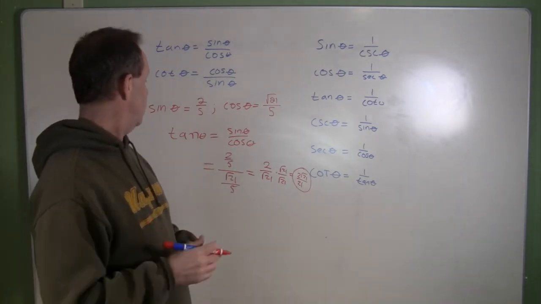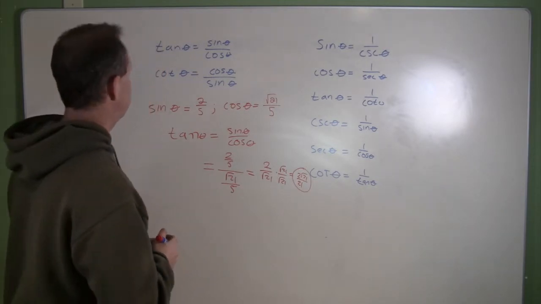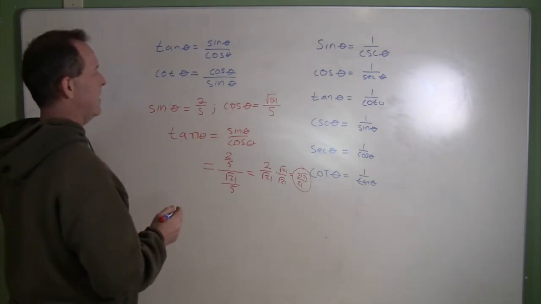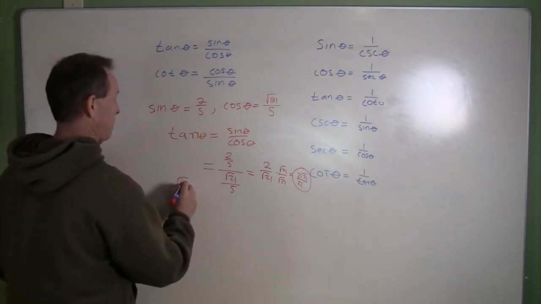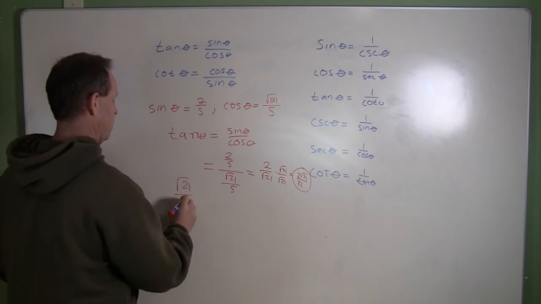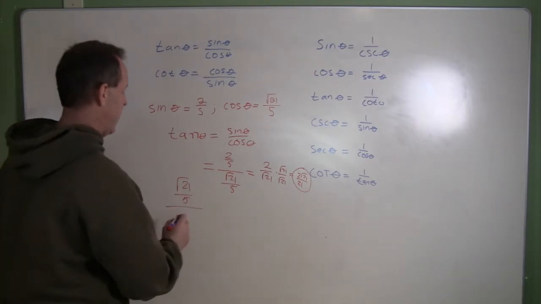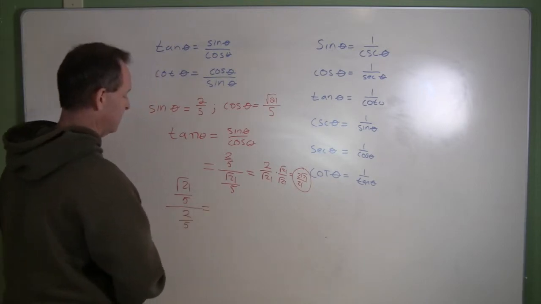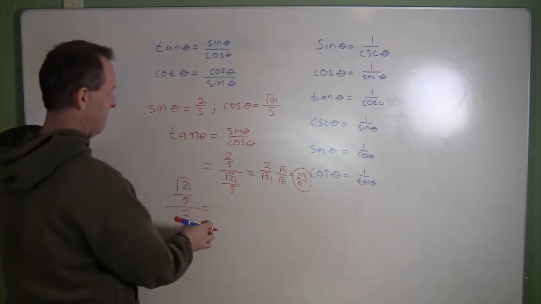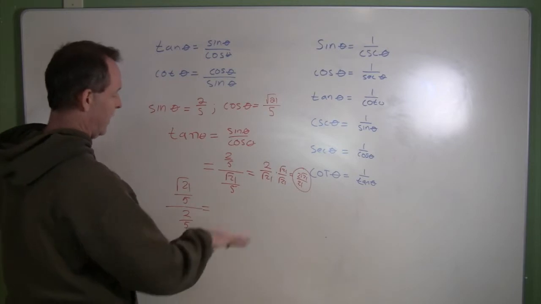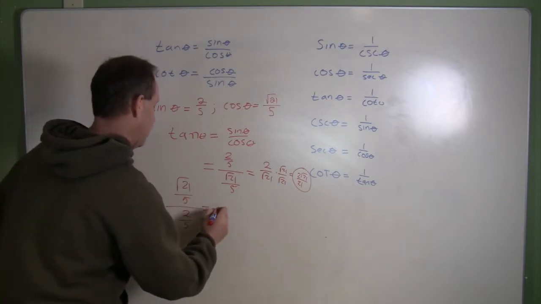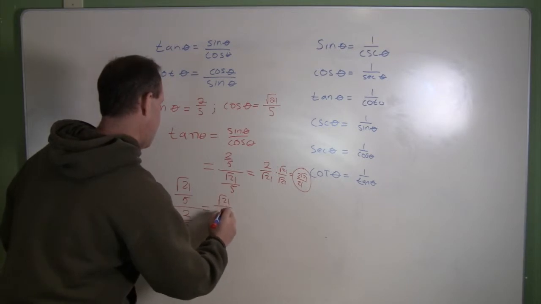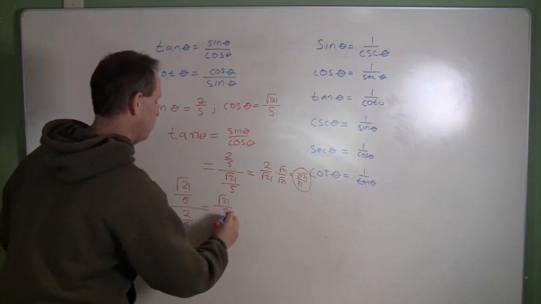And we'll do another one. Let's see if we can do cotangent of theta, which is cosine over sine. So the cosine is root 21 over 5, all over the sine, which was 2 over 5. I can either multiply the top and bottom by 5/2, or I can invert and multiply, and then I'll be left with root 21 over 2.